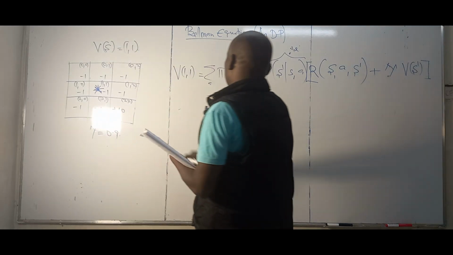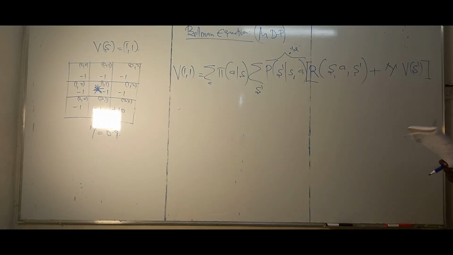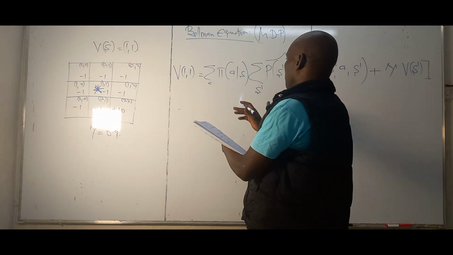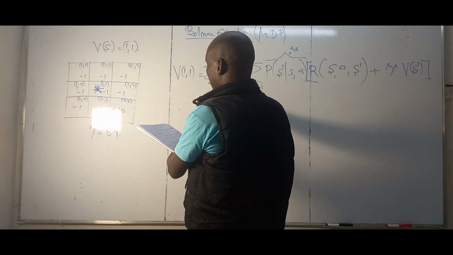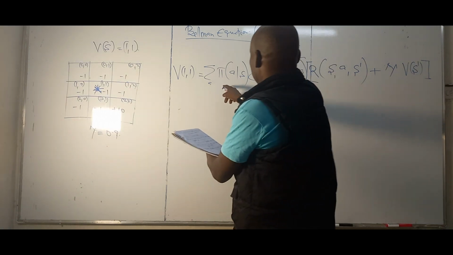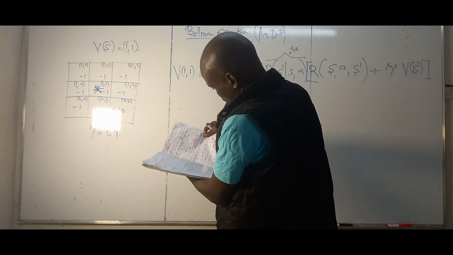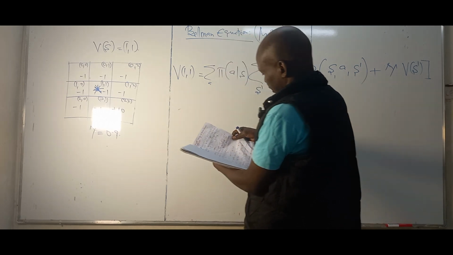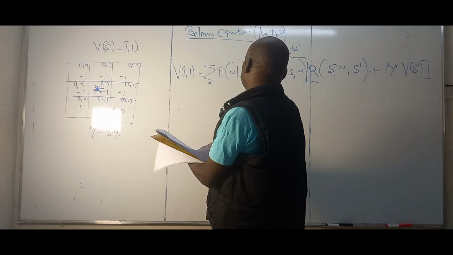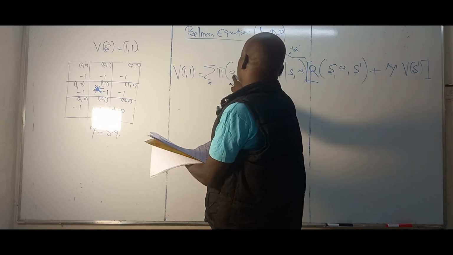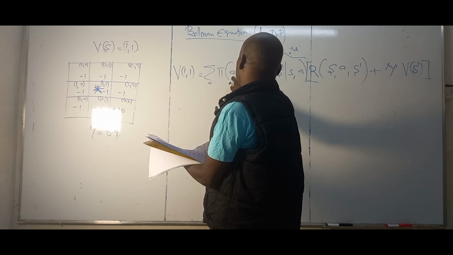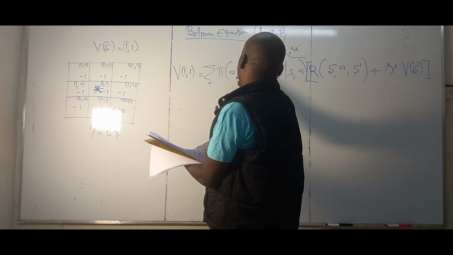So V(1,1), the value function at node 1,1. Then, with uniform probabilities, this particular part here we defined to be the policy, which is assumed to be equal probability of actions, that is, the weight of an action given a particular state.